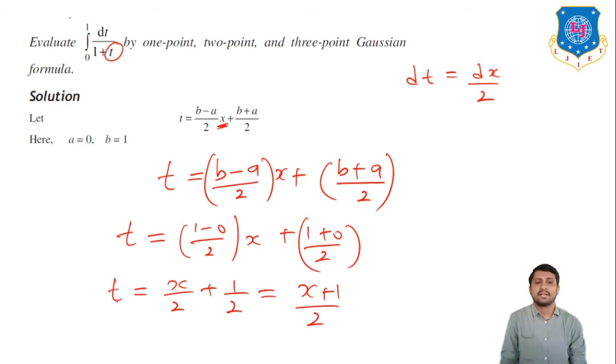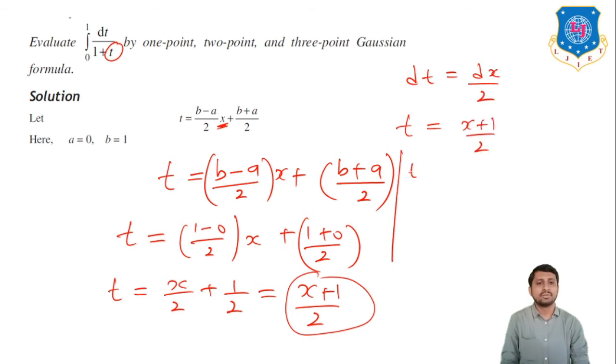Using this formula, (x plus 1) by 2, you can check that when t is equal to 0, x is minus 1. What is t? t is (x plus 1) by 2. So when t is equal to 0, this is 0 into 2, 0, x is minus 1, and when t is equal to 1, x is also 1.